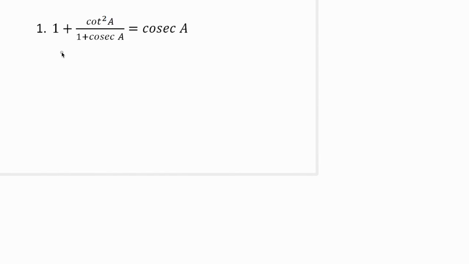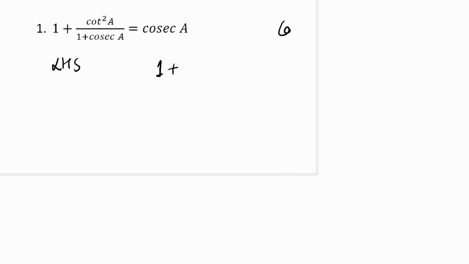As you can see, the first question says 1 plus cot square A upon 1 plus cosec A is equal to cosec A. So we'll start with the left hand side. On the left hand side, we will start with 1 plus, and instead of cot square A, we can write like this.